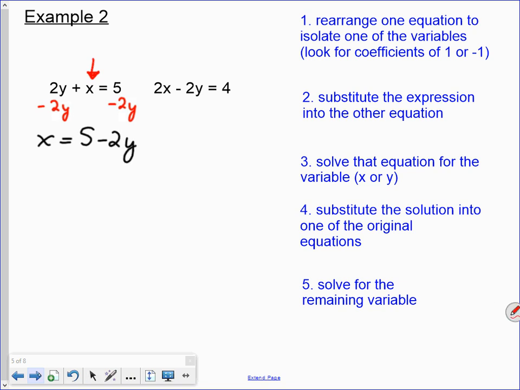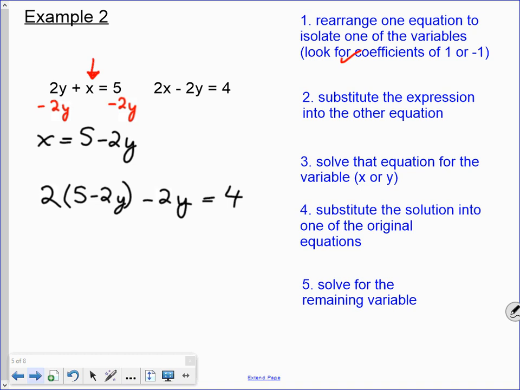Okay. And then we are going to substitute that expression into the other equation. So where we see x in our second equation, 2x minus 2y equals 4, we're going to drop in 5 minus 2y, our expression for x.